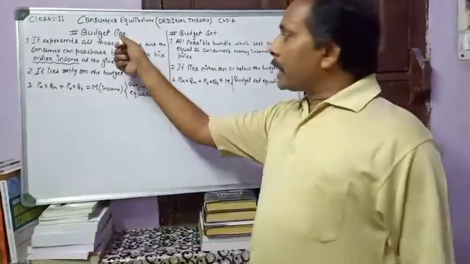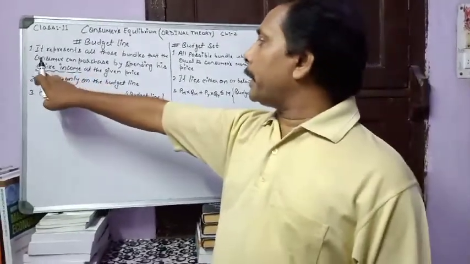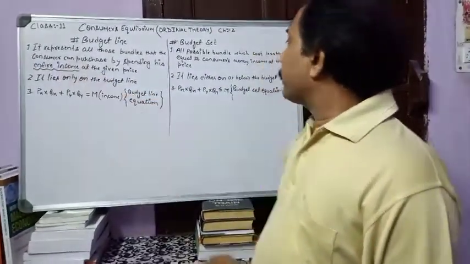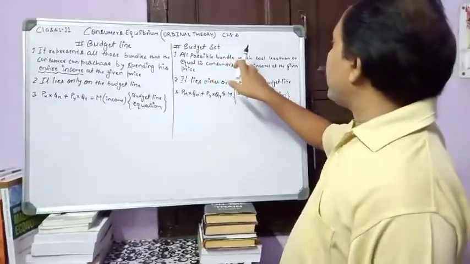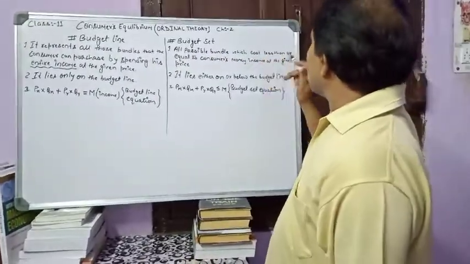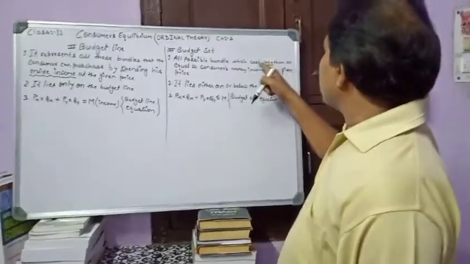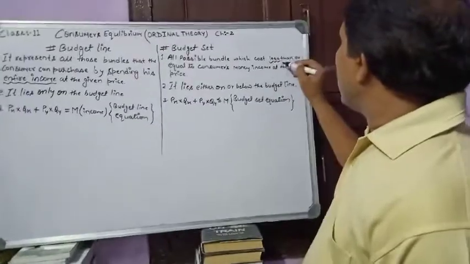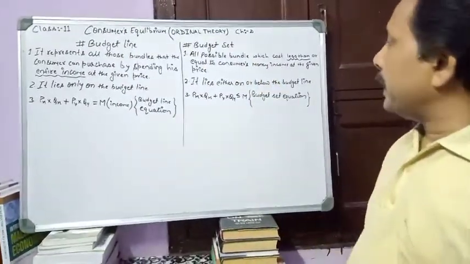So budget line indicates that the consumer is ready to spend his entire income. But in the budget set, all possible bundles which cost less than or equal to the consumer's money income are included.